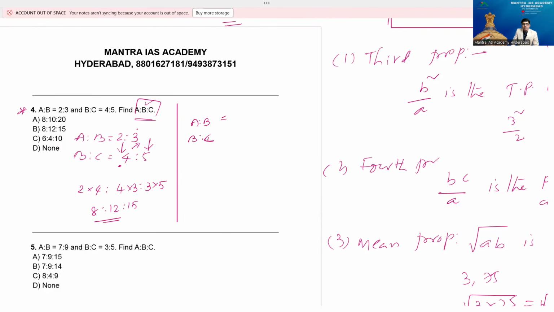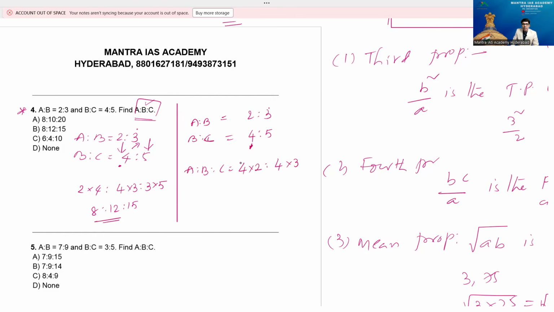So now come to the point. A is to B is 2 is to 3, B is to C is 4 is to 5. B is 4 parts, here 3 parts. Our target is A is to B is to C. Now take this B value, the second part of B is 4, and multiply that with 4, of course, the first expression. So you get 4 into 2 is to 4 into 3.